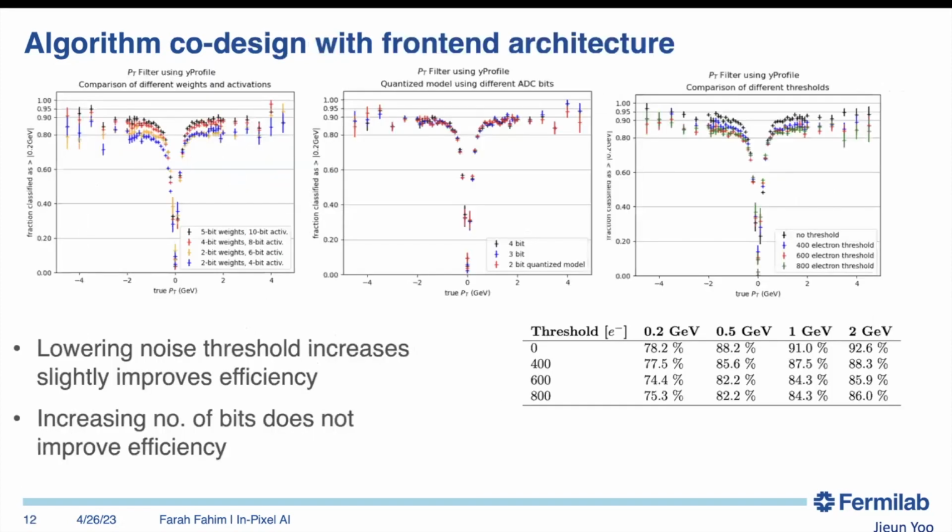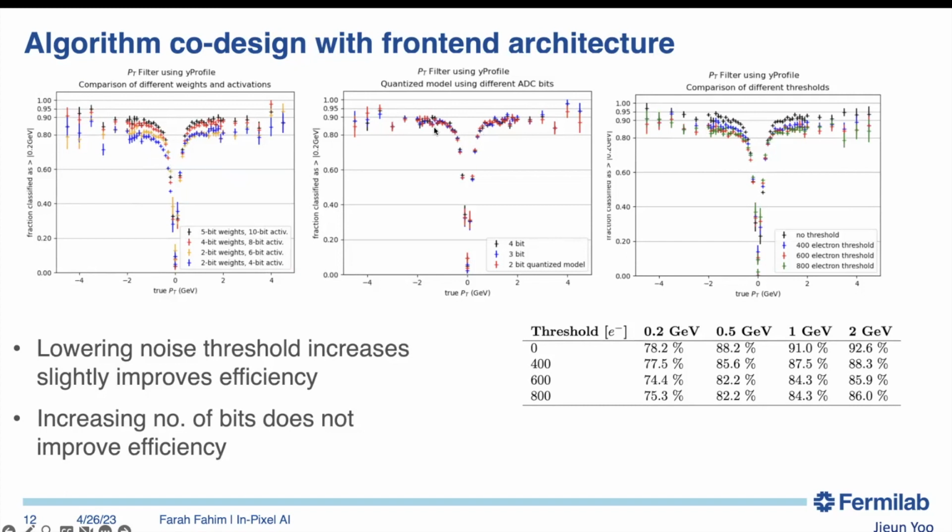Okay, so here you can see when we quantize it, we get to 90% accuracy with about 5-bit weights and 10-bit activation. As we reduce the number of bits of the weights and the number of bits in the activation, the precision goes down.